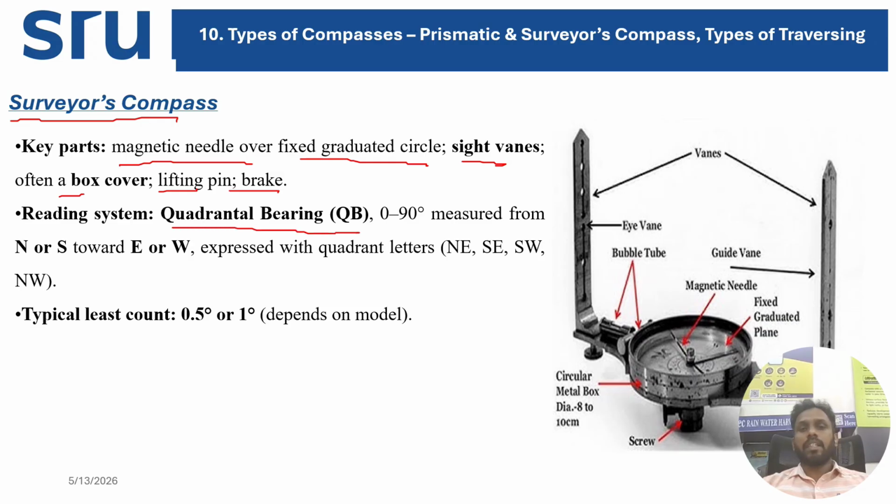It has readings only from 0 to 90 degrees. It measures from north and south towards east and west, expressed as quadrants: northeast, southeast, southwest, and northwest. The typical least count is 0.5 degree or 1 degree depending upon the model; the least count varies.